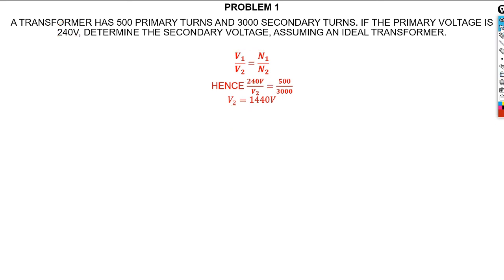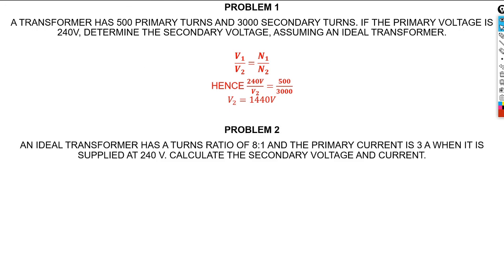We're going to have a look at another problem, which is going to be our problem 2. An ideal transformer has a turn ratio of 8 to 1, which means N1 is going to be 8 turns and N2 is going to be 1.